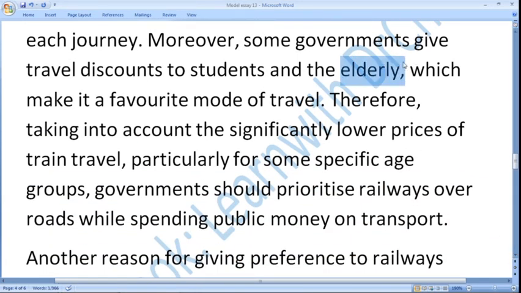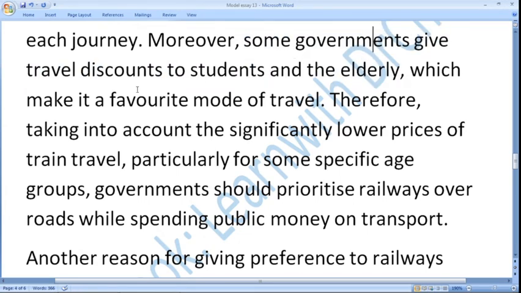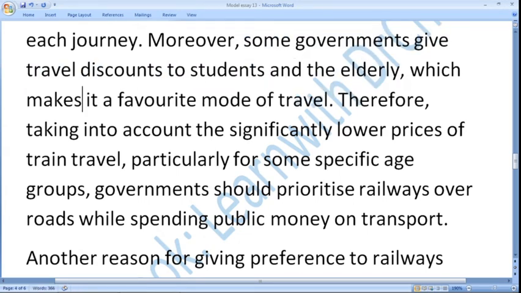This is plural. Elderly, we are using make, a plural verb. No, we are using which, referring to the whole clause. So when this is referring to the whole clause, then we should use a singular verb, which makes it a favorite mode of travel.